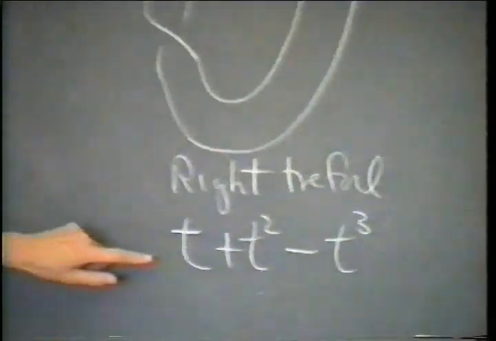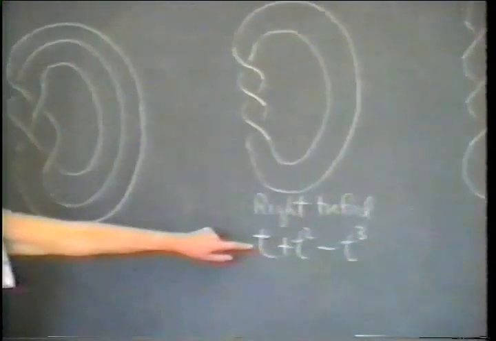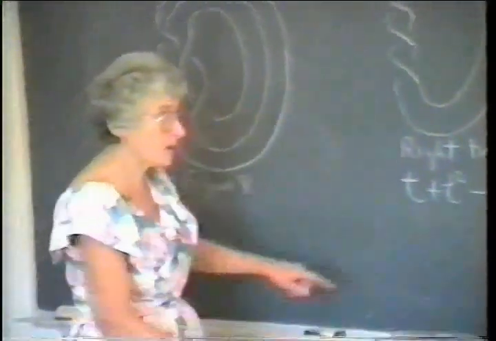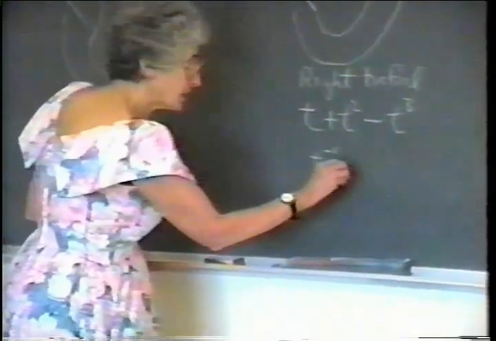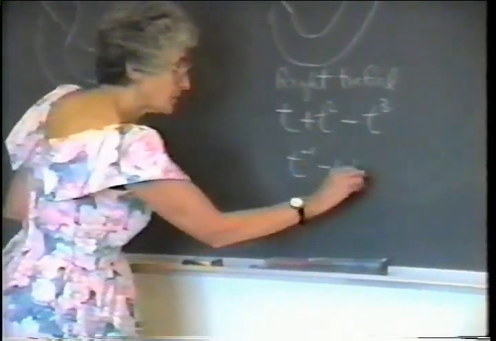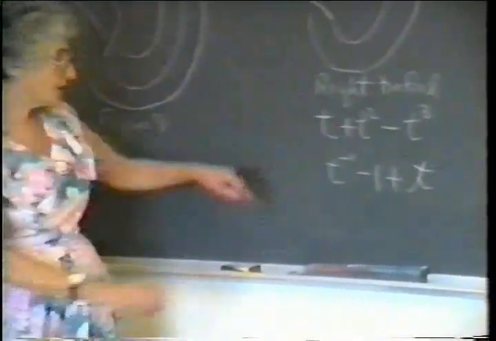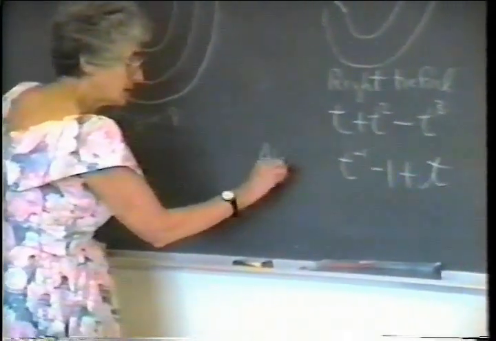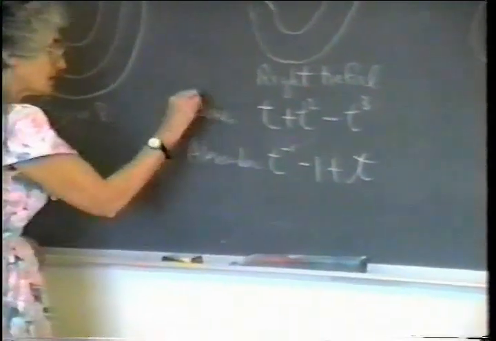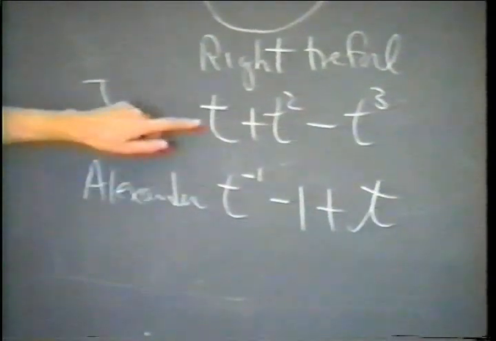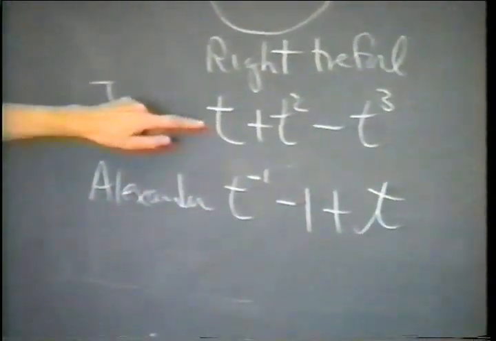Well, there was another polynomial around that's also an invariant of knots. It's the Alexander polynomial. The Alexander polynomial for this knot was known to be t inverse minus 1 plus t. Well, this is Alexander. That's Jones. And so the question was, well, that doesn't say anything.